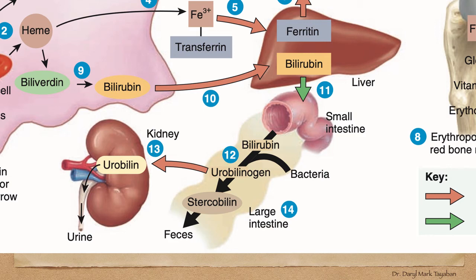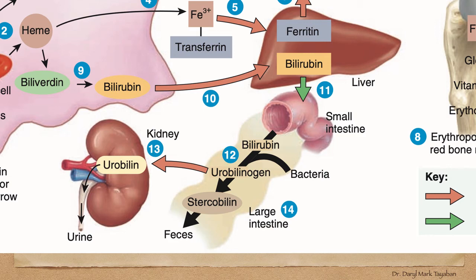So we're talking about the bilirubin, no? So in the large intestine again, the bacteria converts the bilirubin into urobilinogen. Then some of the urobilinogen is absorbed back into the blood, which is converted into a yellow pigment called urobilin, as you see, which is actually excreted in the urine.